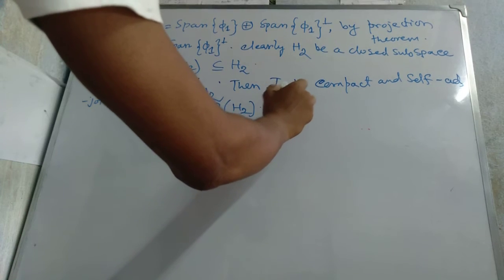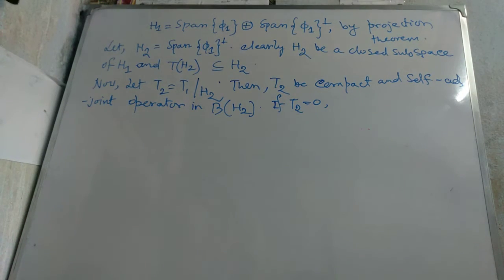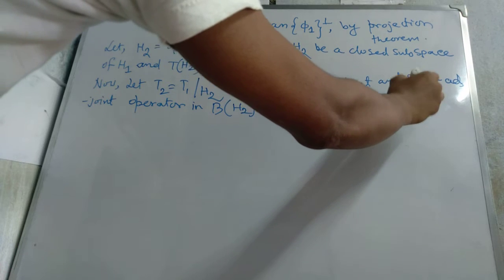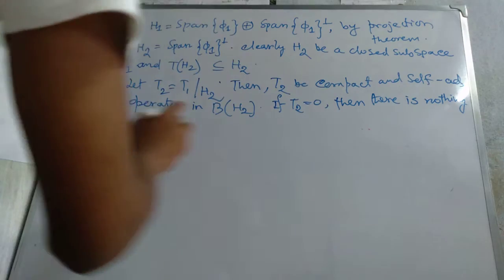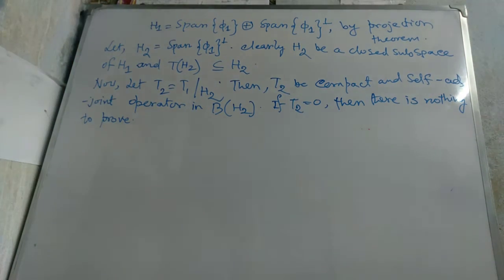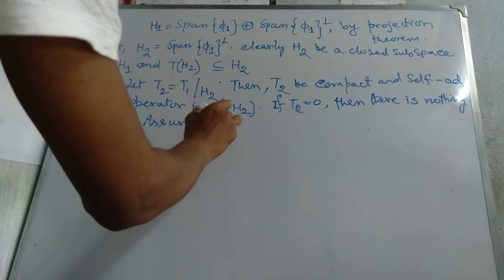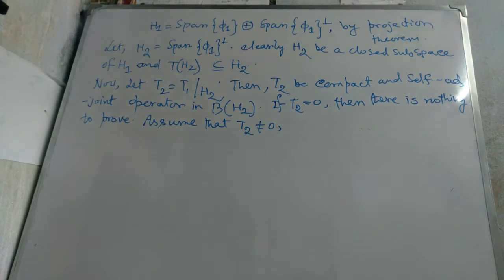If T2 equals 0, then there is nothing to prove. Assume that T2 is not equal to 0.